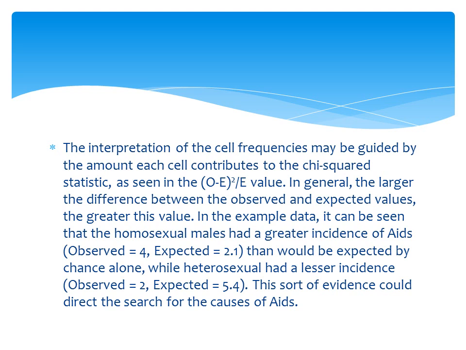The interpretation of the cell frequencies may be guided by the amount that each cell contributes to the chi-squared statistic, as seen early on when we were figuring out the expected frequencies. So observed minus expected, squared, divided by the expected value. In general, the larger the difference between the observed and expected values, the greater the value.